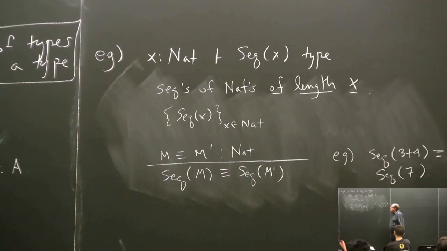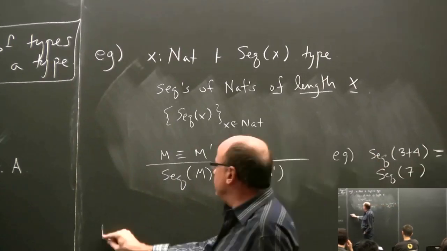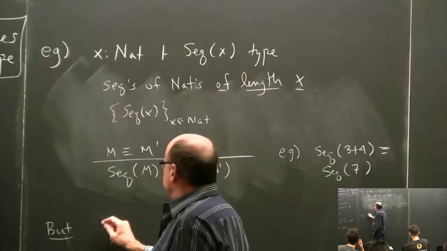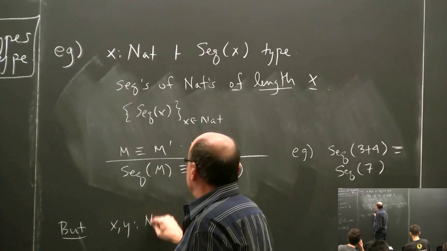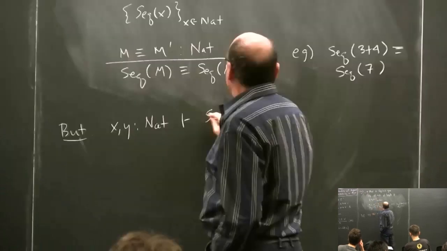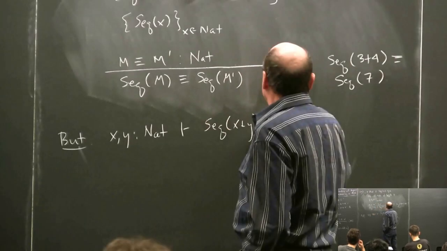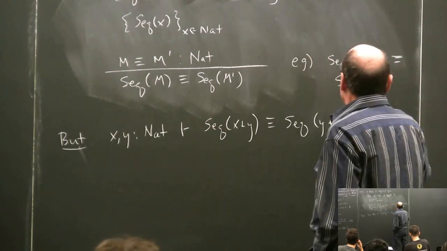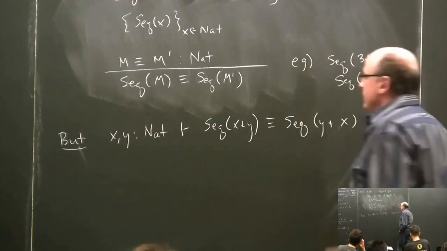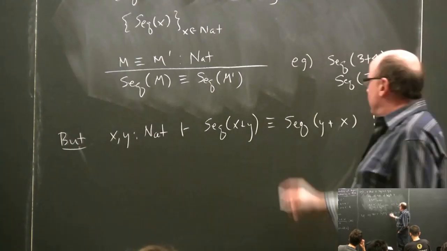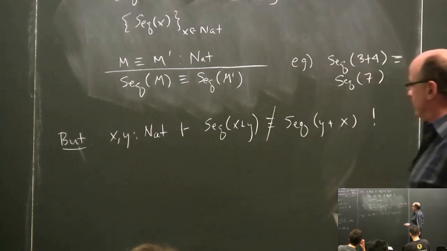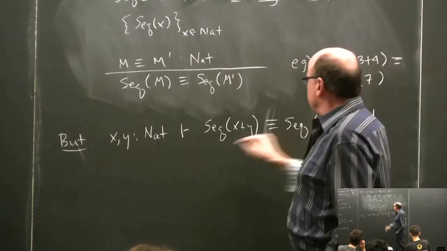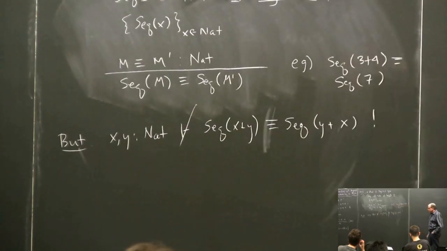But then I mentioned to you last time that in general for x, y in nat, you don't get that seq x plus y equals seq y plus x. Sorry, let me write it like that. This is not going to be derivable by the rules.